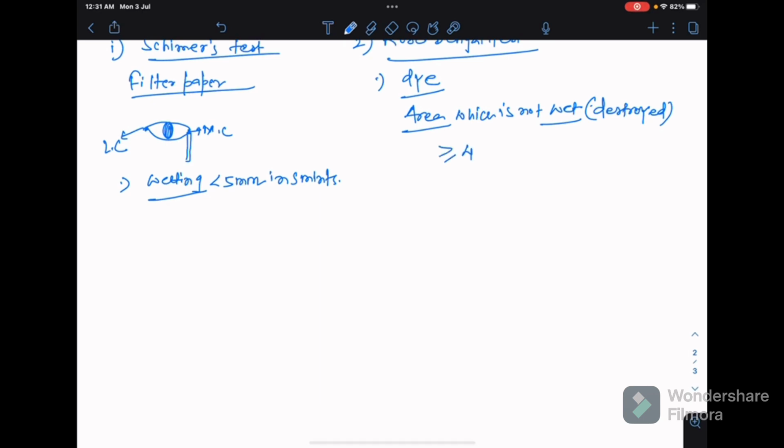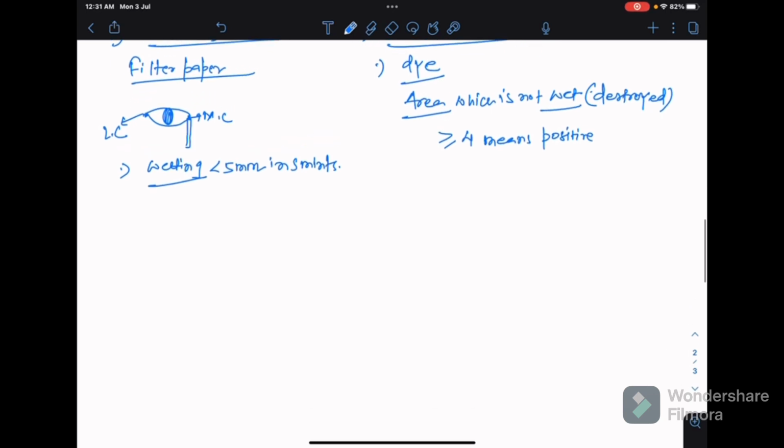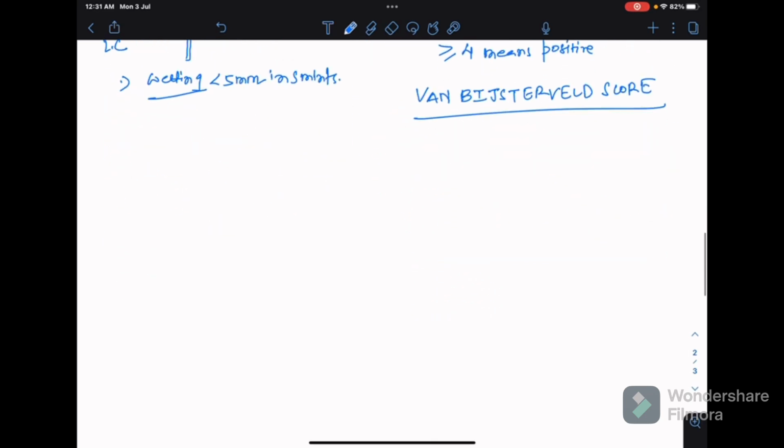If more than 4 areas are there, that becomes positive. Right? And for this we use a special scoring system which is known as the Van Bijsterveld score. Right? So this is regarding rose Bengal test.